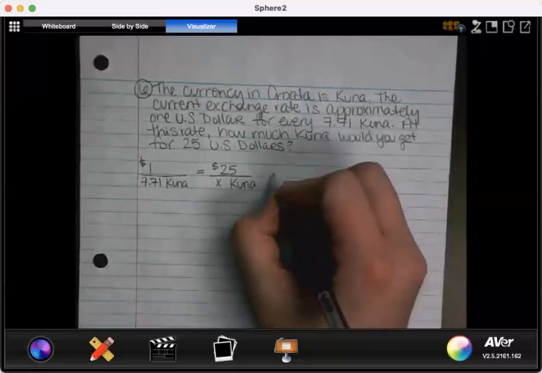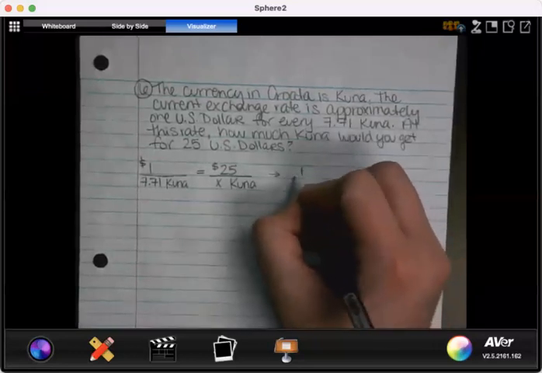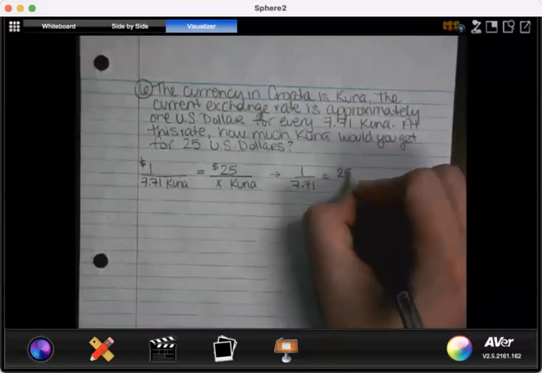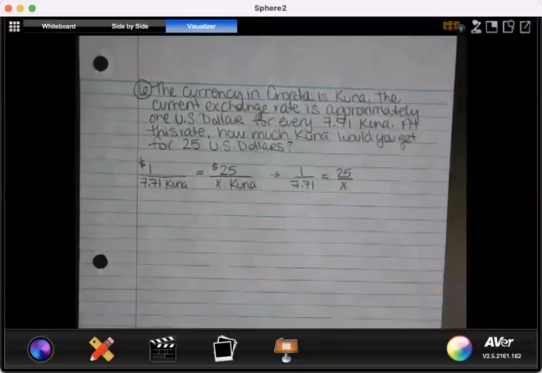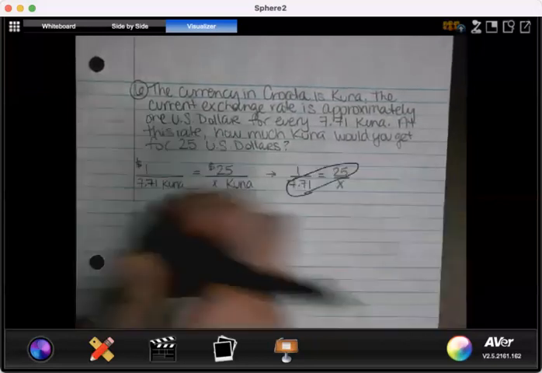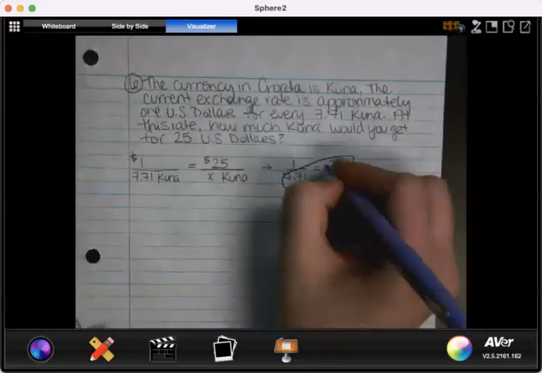So if I do that, I'm just going to have 1 divided by 7.71 equals 25 divided by x. And then we use our cross multiplication skills to solve for our variable.